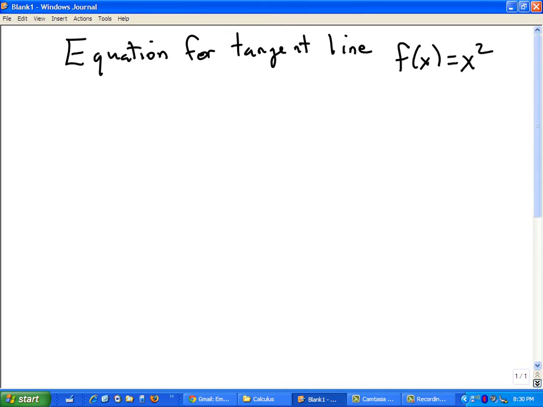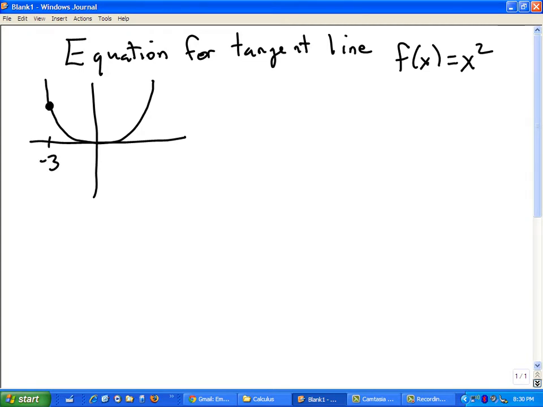And I want to choose a point to find the tangent line at that might be somewhat interesting. Let's think of the graph, which looks like this, of course. And we'll pick a point, let's say, out here at x equals -3.